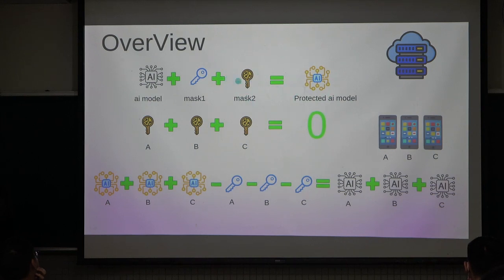And of these two masks, mask 2 is a special mask. All of the mask 2s added together will equal 0. So when they upload the protected AI model to the server, the server just adds these 3 models together and removes the mask 1 of A, B, C. Then the server can get the sum of the original models, but the server cannot know what each original model is separately.